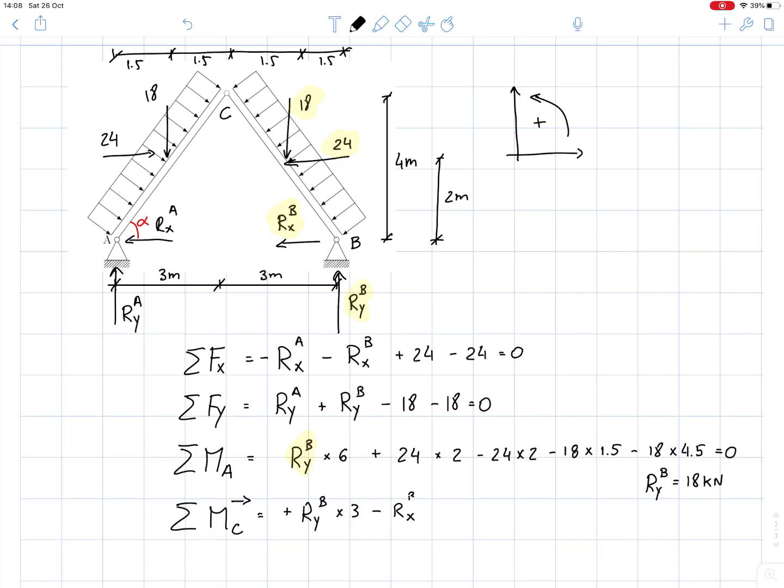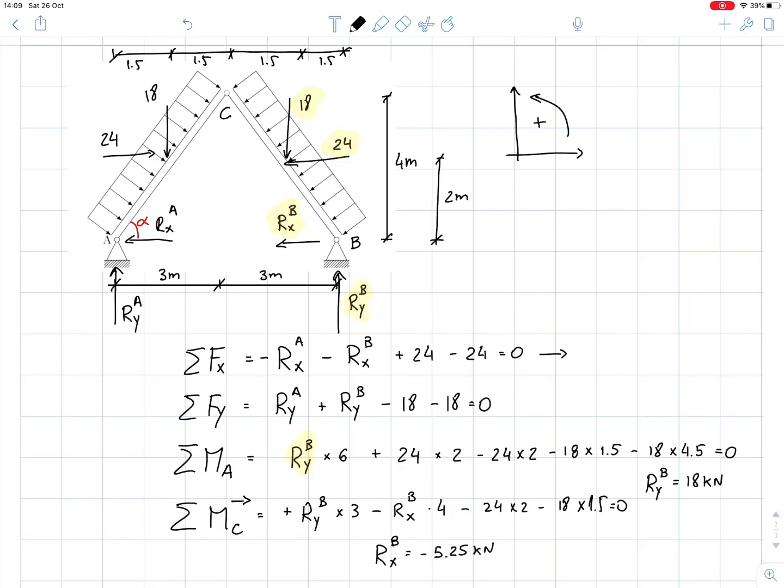So Rxb at a distance of 4, 24 at a distance of 2, 18 at a distance of 1.5. Solving this equation, I get Rxb equal to minus 5.25 kilonewtons.